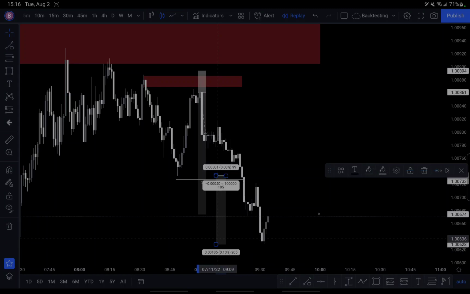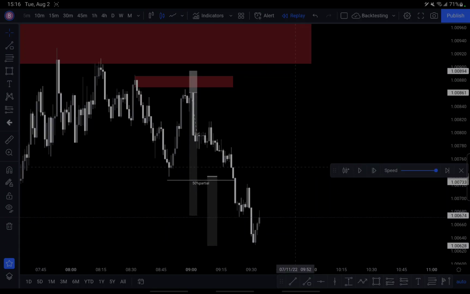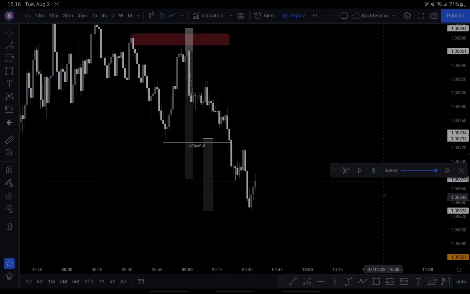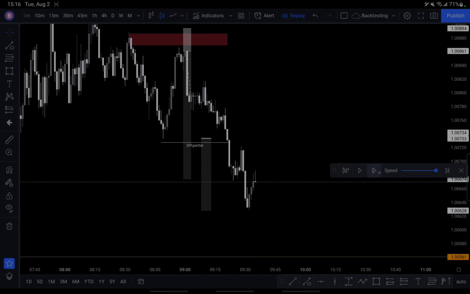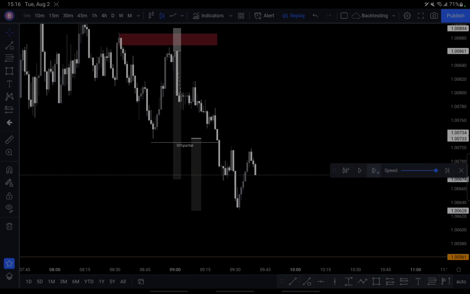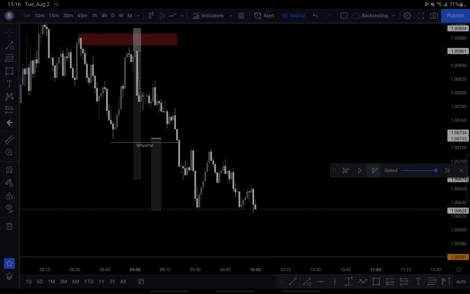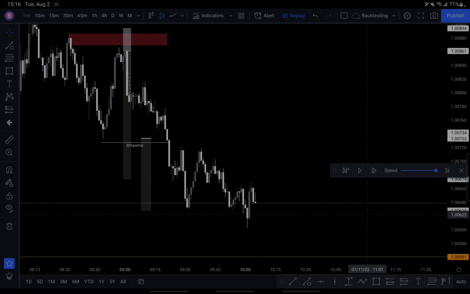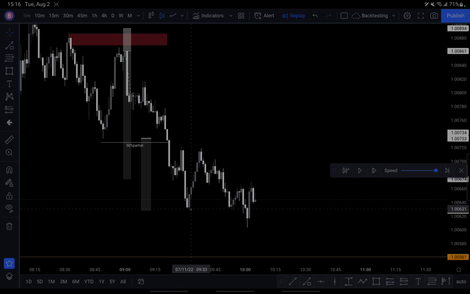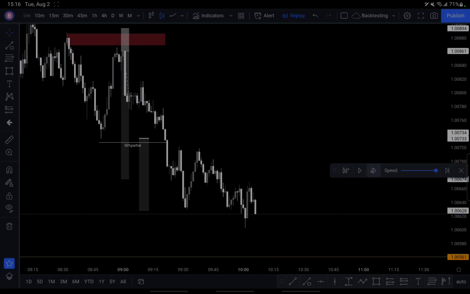And then this is just gonna keep running. And let's see how far it runs. Okay, if it creates new lows, which it did. Okay, so let's keep playing price out, and once it breaks through here, I'll move my stop loss over here.